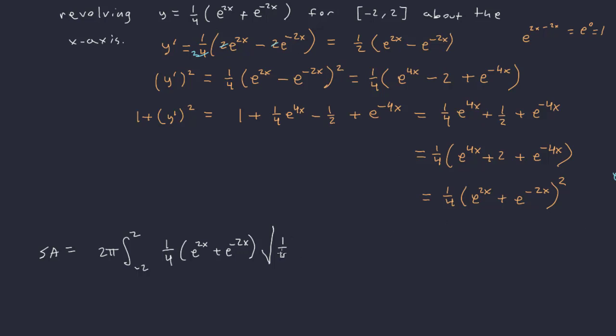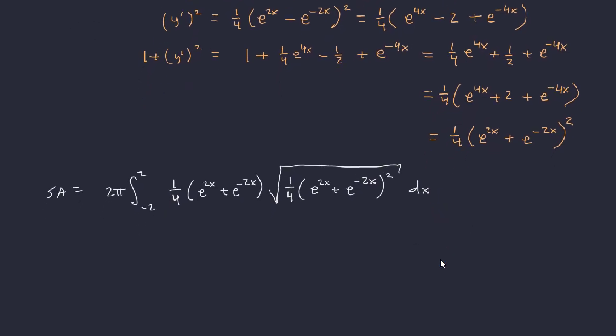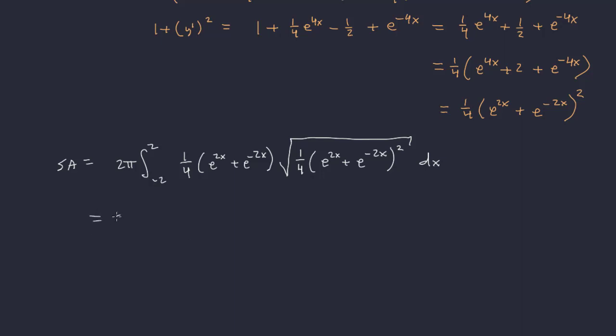All right, and then in the square root, we're going to put the thing we simplified, which is the 1/4 times e^(2x) plus e^(-2x) all squared dx. And the squared and the square root will cancel. So that's what makes this problem nice and manageable.